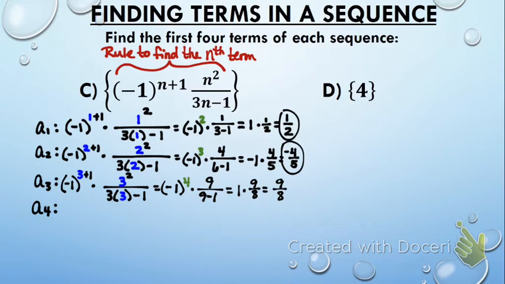And the fourth term? -16 over 11 is correct. There's one more that I want to look at with you as we do this. Let me get the rest of this written down.